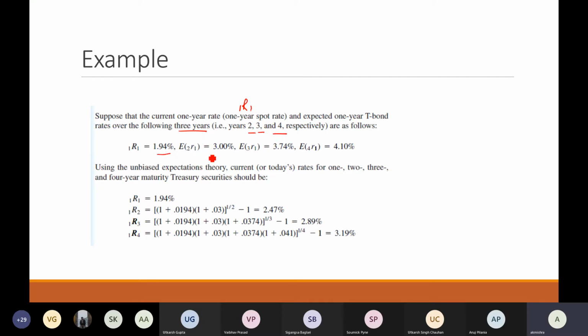So the spot rate is this, then the expected return or interest for a 1-year maturity bond in the second year is this, and in the third and fourth year it is this. Using the unbiased expectation theory, we can calculate 1, 2 and 3 year maturity treasury security bonds.